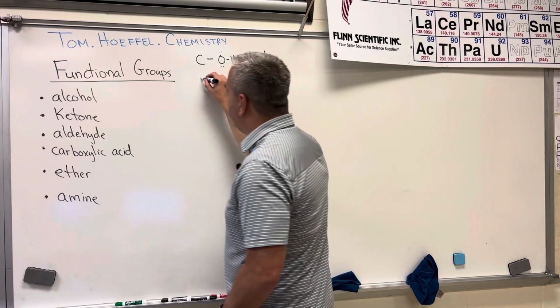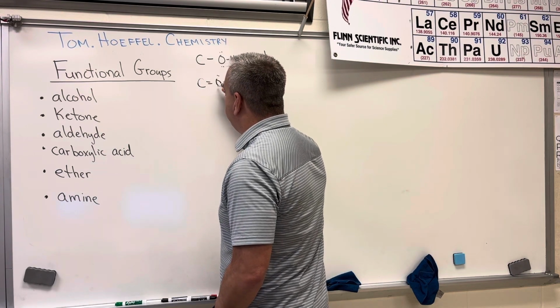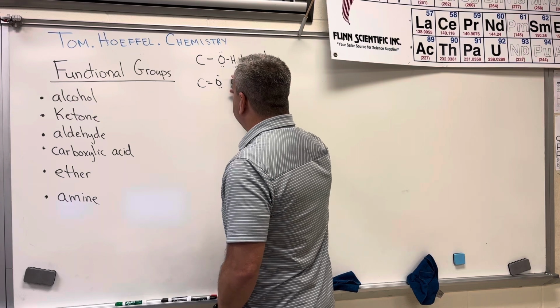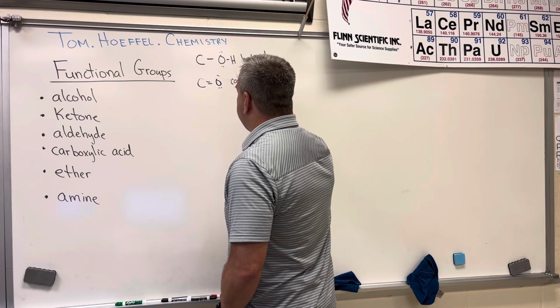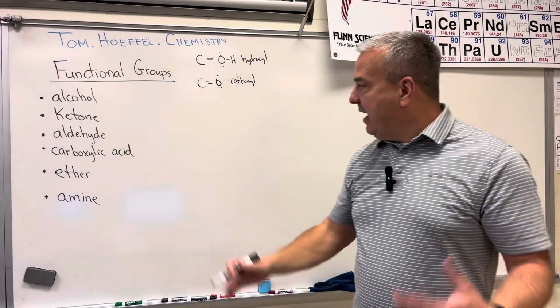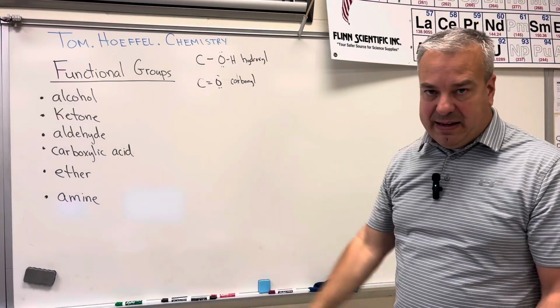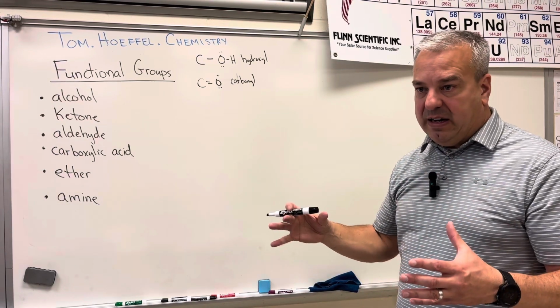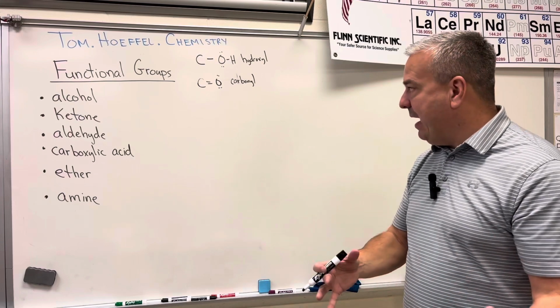If we have a carbon that's double bonded to an oxygen somewhere, we're going to call that a carbonyl. Now, depending on their locations within the carbon chain, it might make it a ketone, an aldehyde, or a carboxylic acid. So we really have to look closely at how these are the same and how they are different.